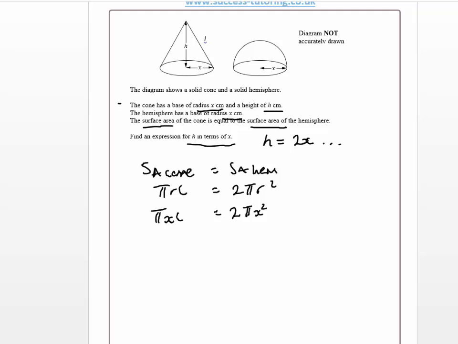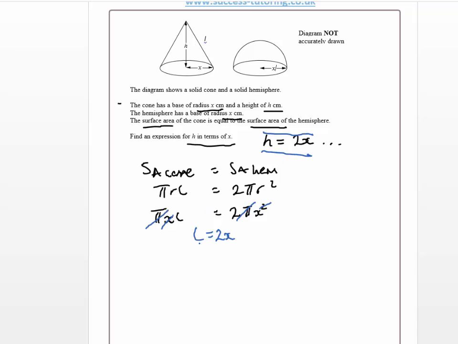Now we can go ahead and simply cancel what can be cancelled. Pi can be cancelled. This x can be cancelled with this squared term. And now what you're left with is L is equal to 2x. But I thought we were supposed to have an answer that looked like h equals something.